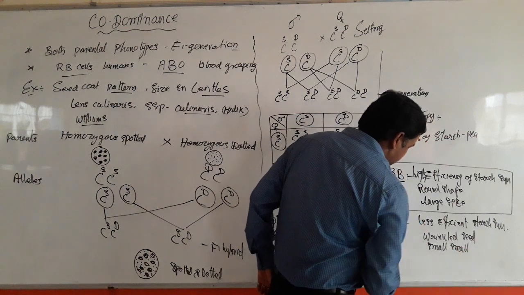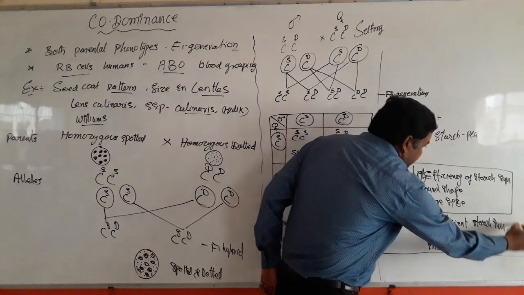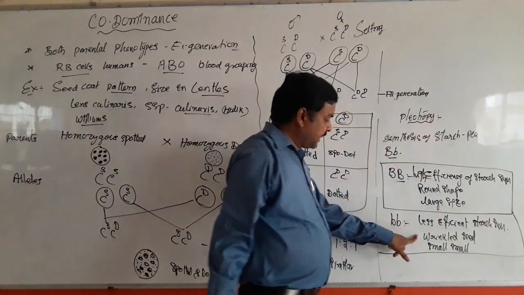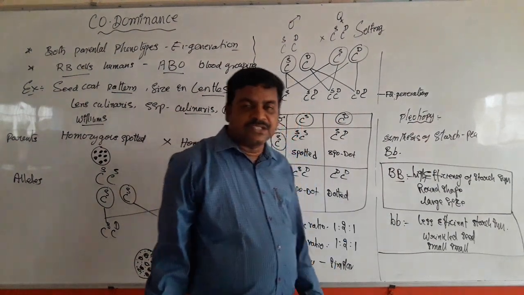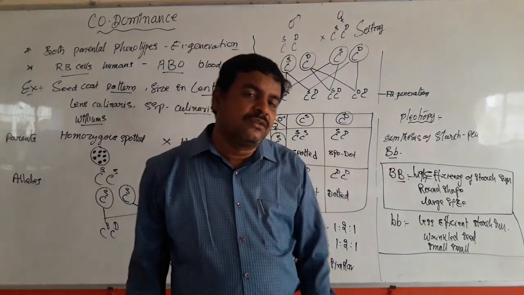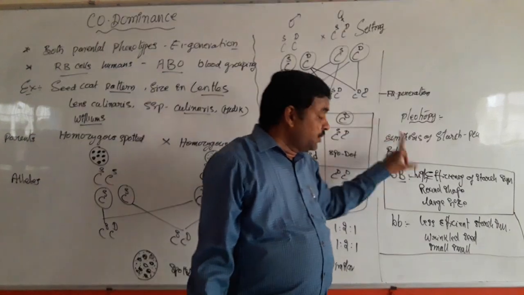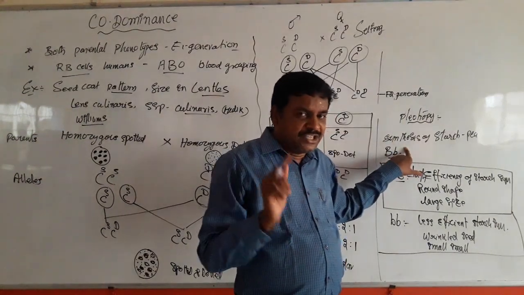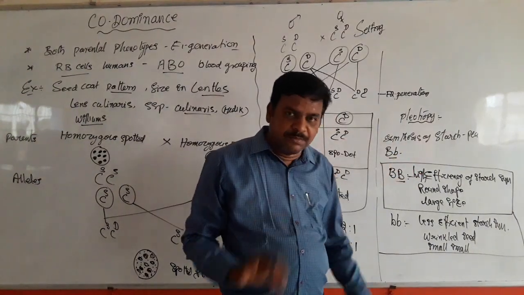These characters are expressed by the recessive alleles. So the gene is the same, one gene having two alleles, capital B and small b.